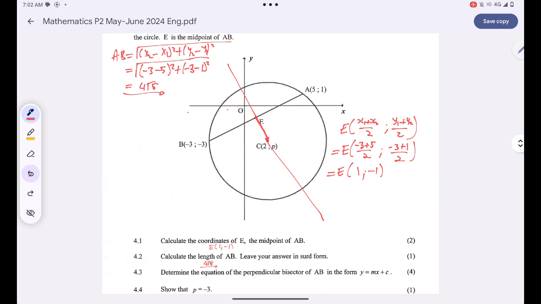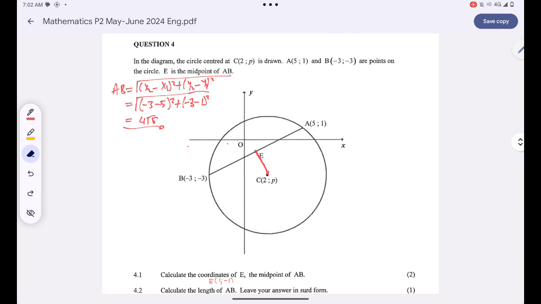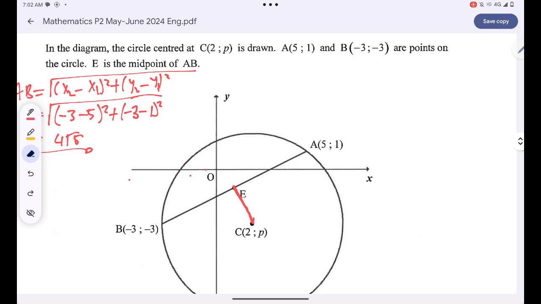We are focusing on the line from the center drawn to the midpoint of AB, right? If we can find the gradient of line AB, we can simply find the equation of the perpendicular bisector of AB.